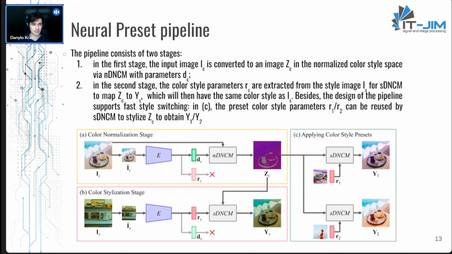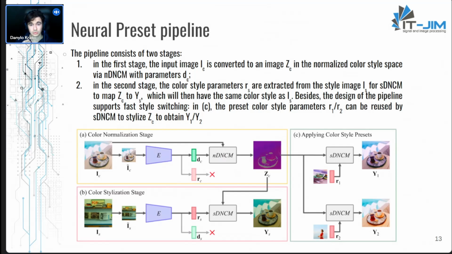Since we need to alter the image color style but preserve the image content, the authors propose to utilize a pair of DNCMs named N-DNCM and S-DNCM. While N-DNCM converts the input image to some space that contains only its content, S-DNCM transfers this content to some target color style using parameters extracted from the style images.